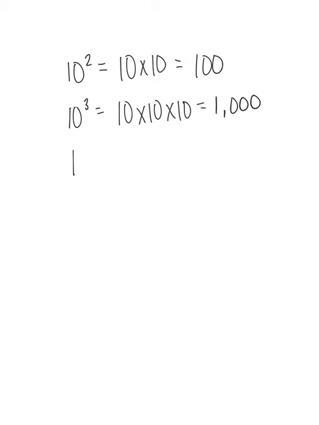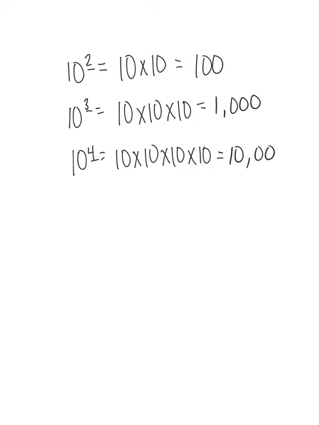Right? You may also see 10 to the fourth power, which is the same thing as 10 times 10 times 10 times 10. You are doing repeated multiplication based on what the exponent is saying. Well, 10 times 10 is 100, times another 10 is 1,000, times another 10 is 10,000. Okay?